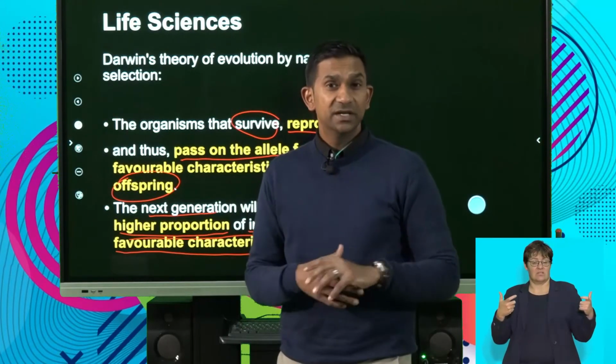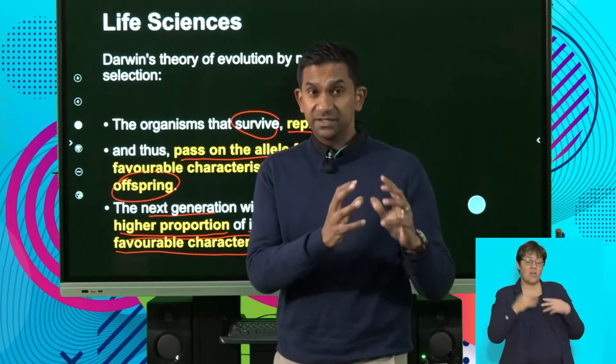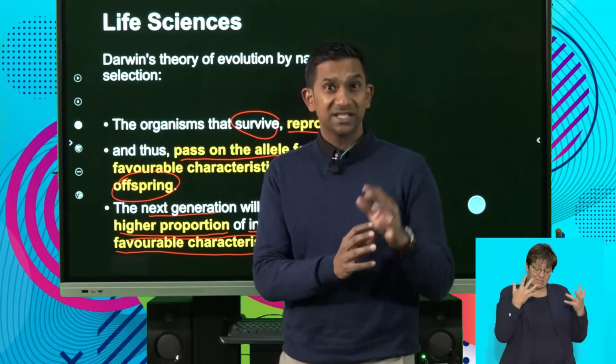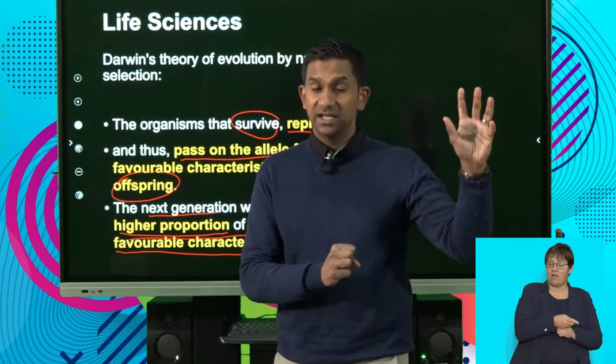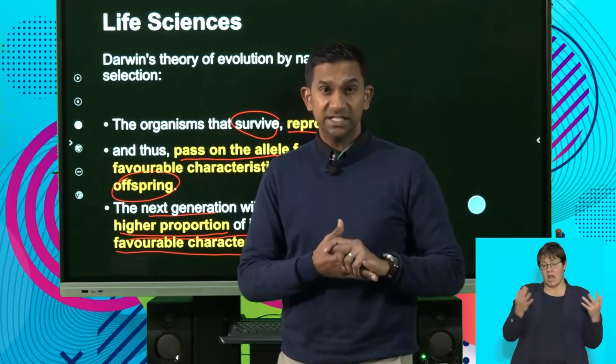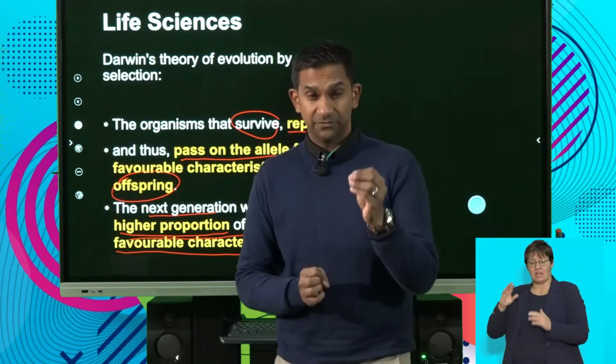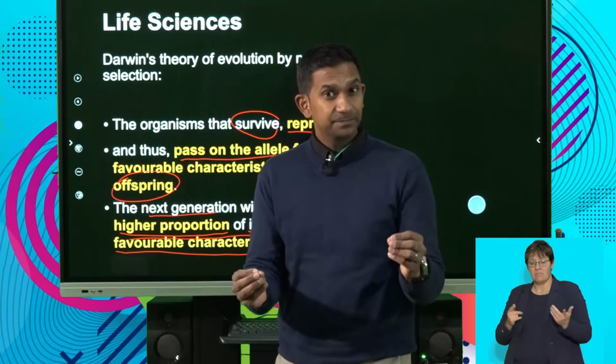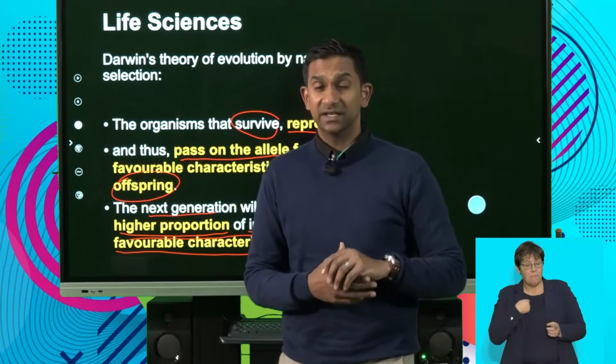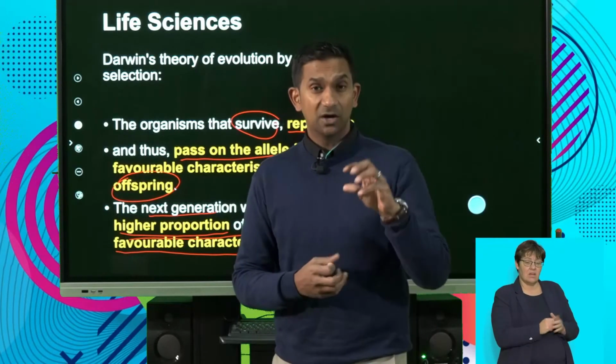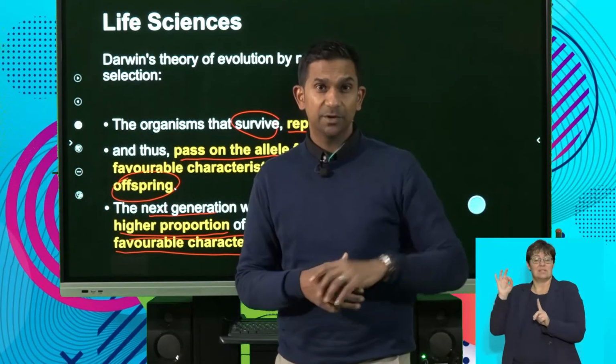Over a few decades, the number and the distribution of the dark-colored peppered moths had significantly increased, and the light-colored peppered moths had decreased. So here we're seeing individuals having variation that gives them an advantage at surviving, changing the frequency of a specific trait in the population.